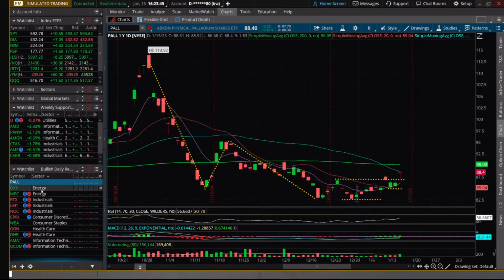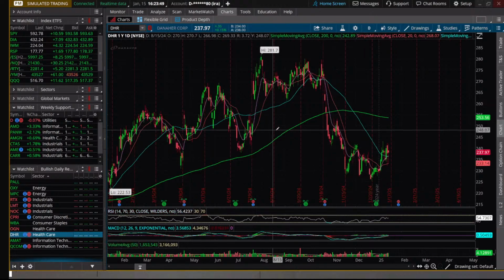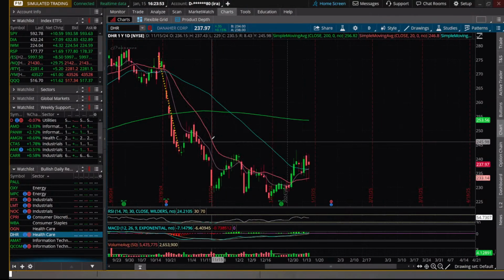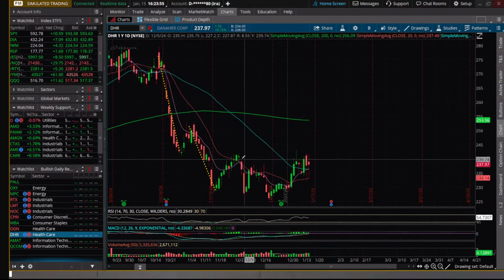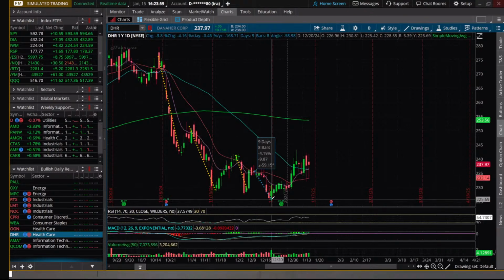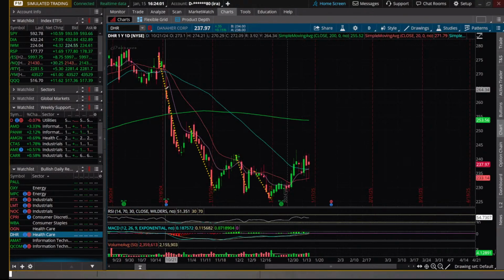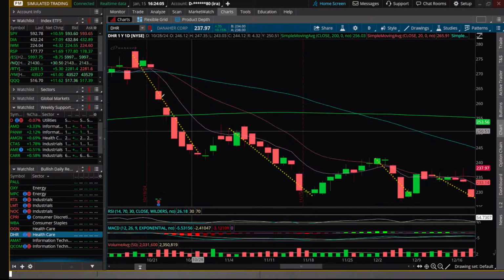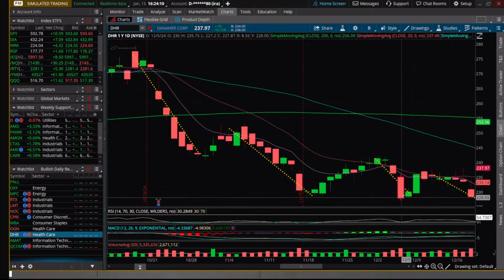You look at, for example, Danaher here. You look at the momentum situation: big drop, smaller drop, smaller drop, smaller drop, and you see that momentum is working out over time. Now you look at this: lower low, lower high, lower low, lower high, lower low, barely, but a lower low, lower high.